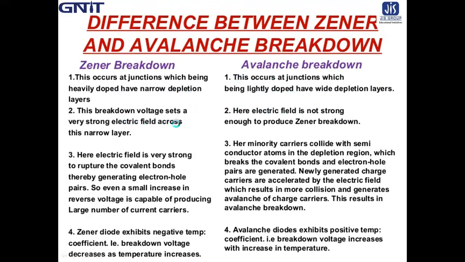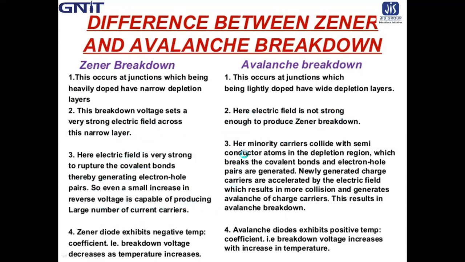This breakdown voltage sets a very strong electric field across the narrow depletion layer. But here in avalanche, the high electric field is not strong enough to produce zener breakdown. Now the third point is, here the electric field is very strong to rupture the covalent bond, thereby generating electron hole pair. So even a small increase in reverse voltage is capable of producing a large number of current carriers.